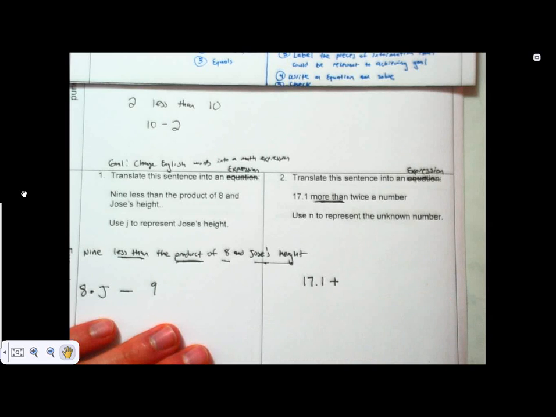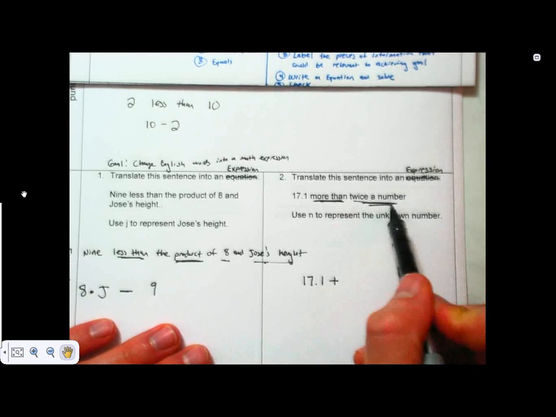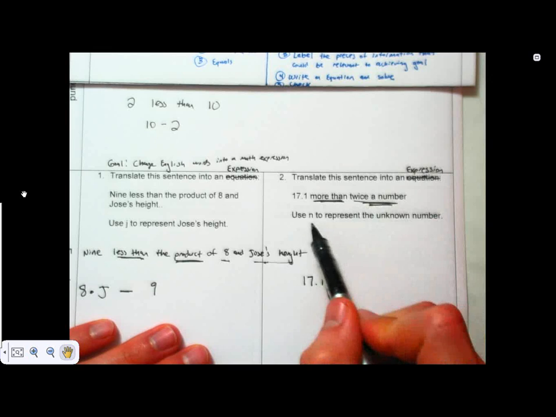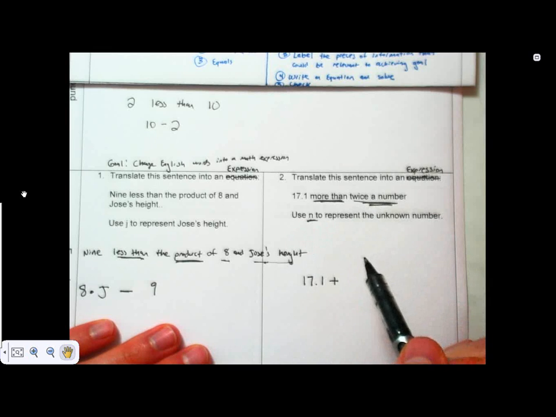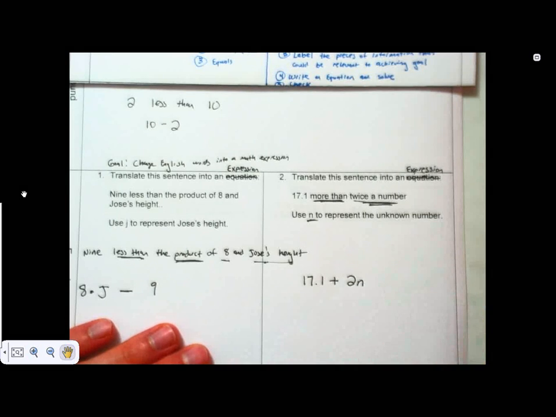Well, 17.1 more than what? Well, it says 17.1 more than twice a number. Well, what does twice a number mean? Well, it means 2 times something, and it tells me I'm supposed to use n to represent the unknown number. So that means it must be 17.1 plus 2 times n, which we can write as 2n.